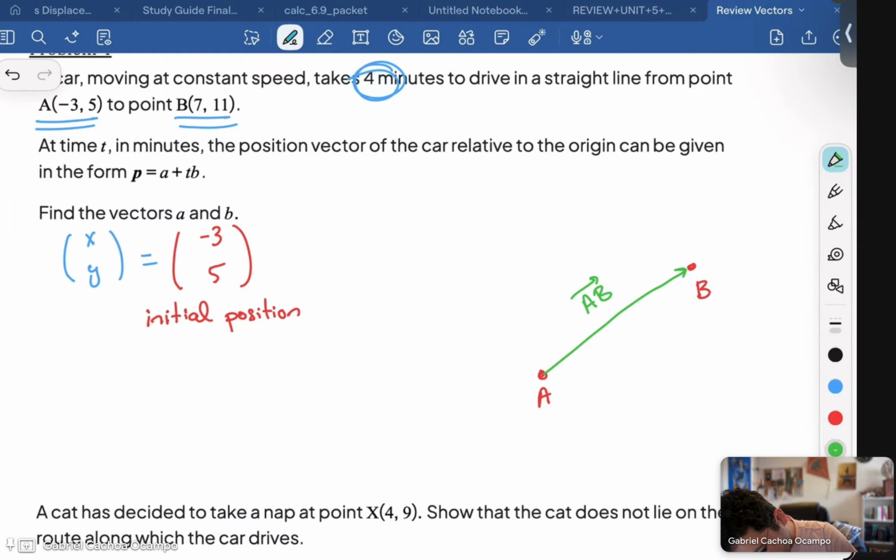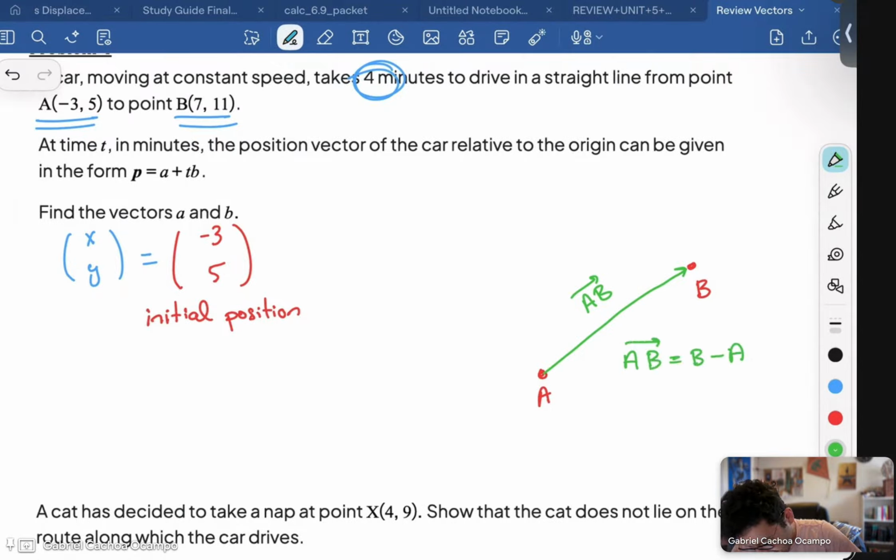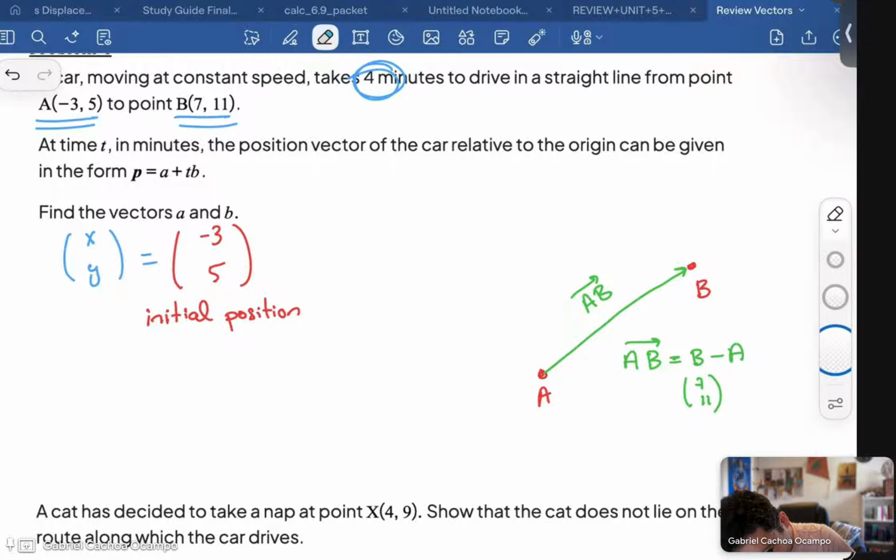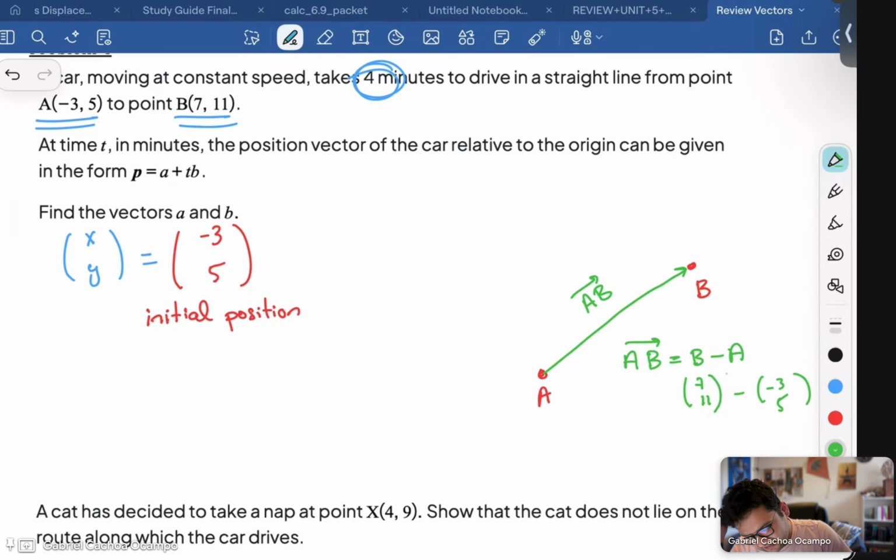So my vector AB is just B minus A, and that is 7, 11, minus -3, 5. And 7 minus -3, that is 10.